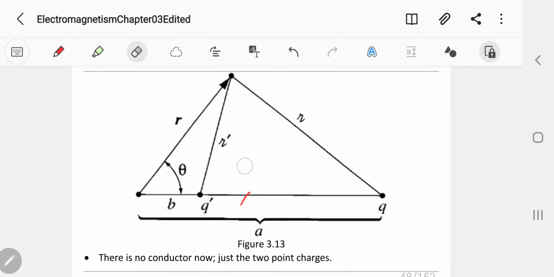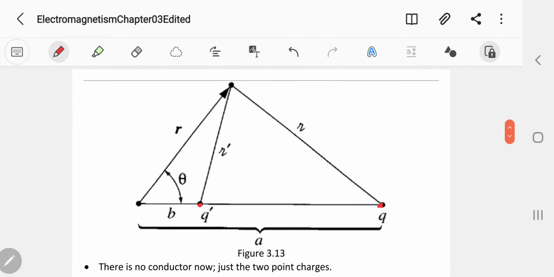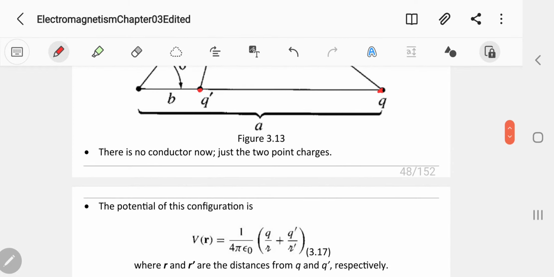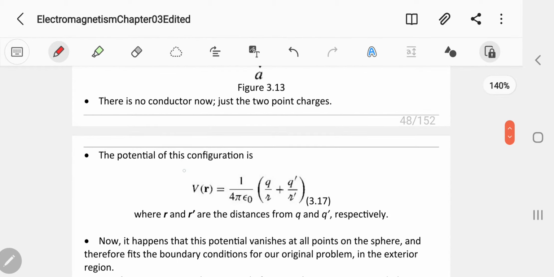Since now you have two charges, q prime and q, what is the potential at this point? The potential at that point would have to be the potential of q plus the potential caused by q prime. And of course, these are just equal to this one.